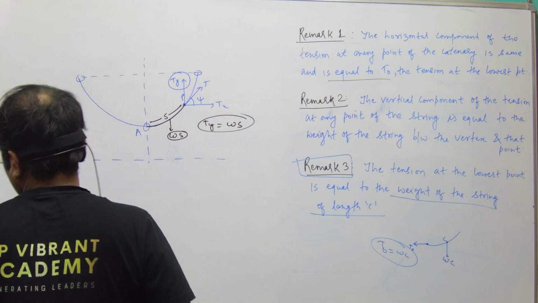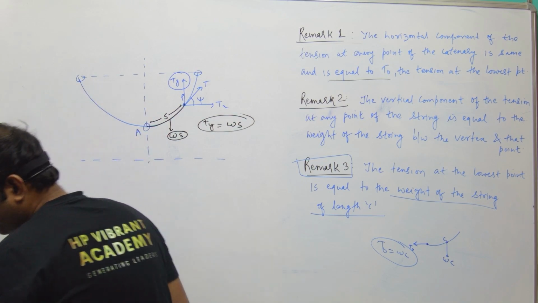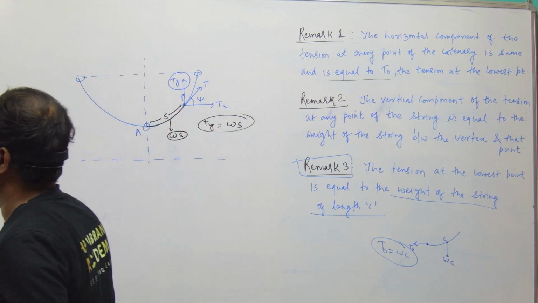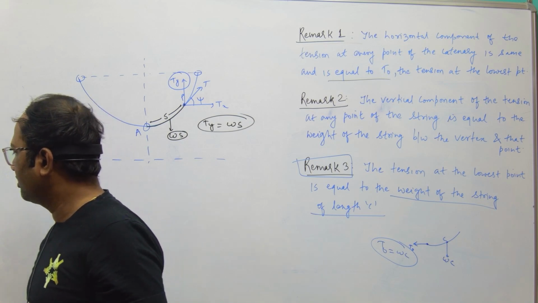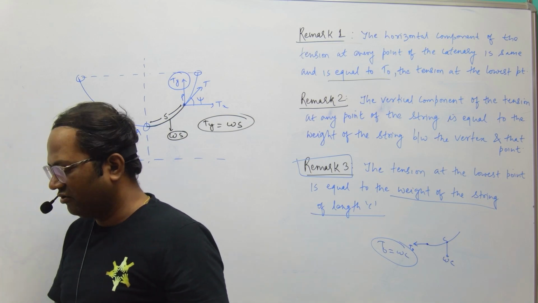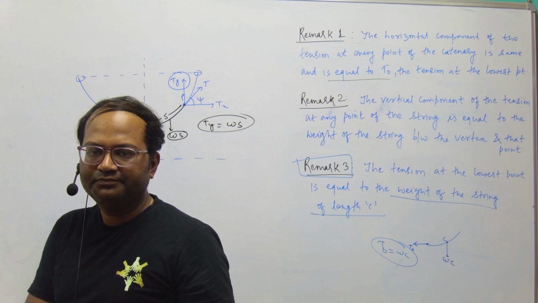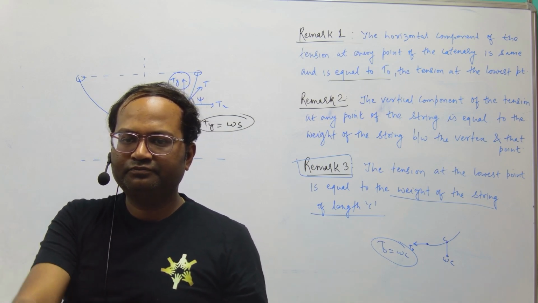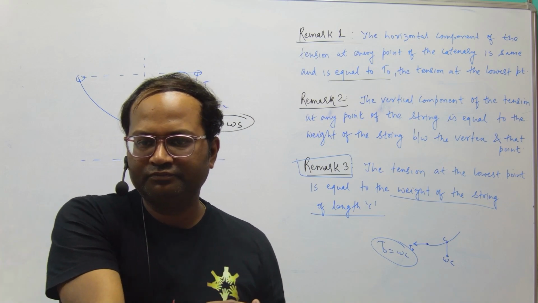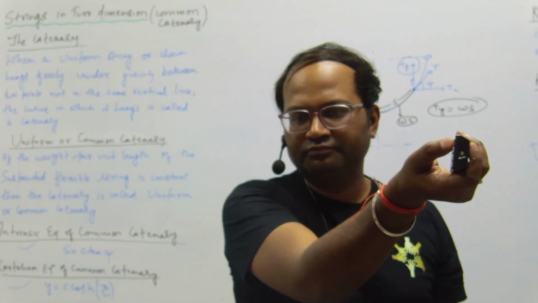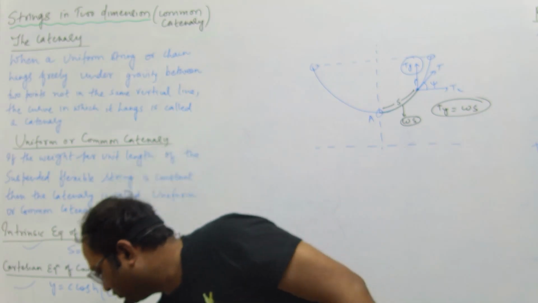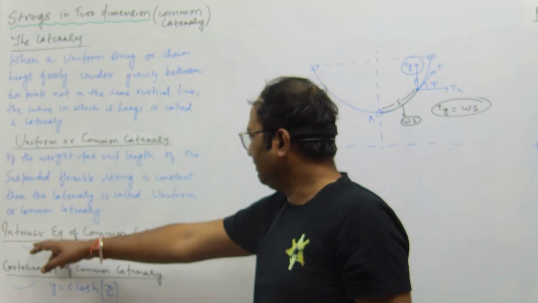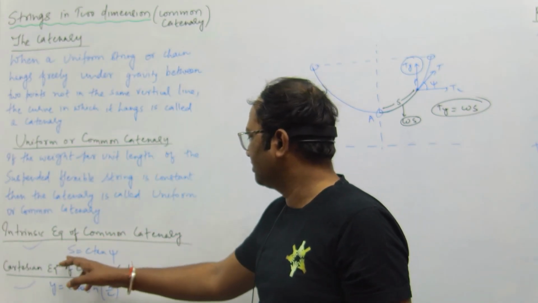Okay, so now let us go back to the intrinsic equation of common catenary and the Cartesian equation of common catenary. So we have the intrinsic equation of the common catenary, S is equal to C tan psi.